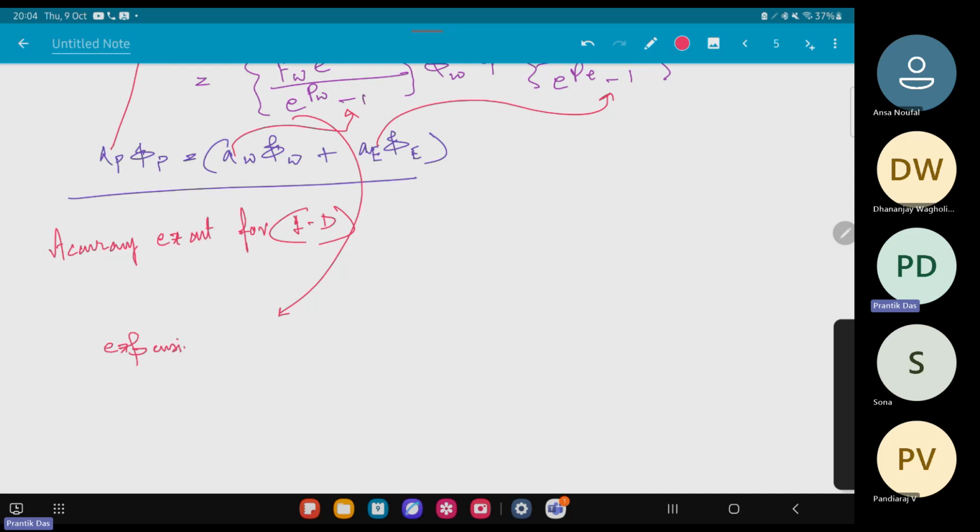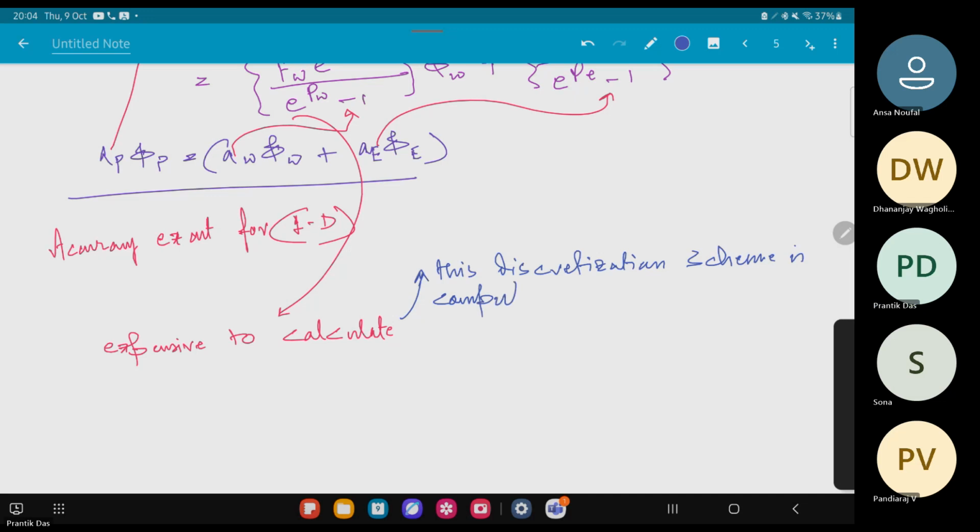So that's why this discretization scheme is computationally expensive.